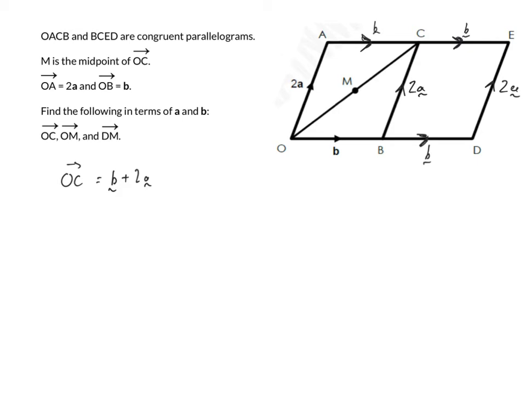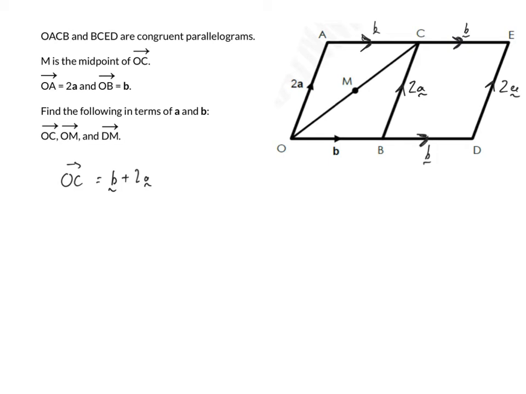My alternative way of doing that is to go up this way, which would be 2A, and then go along here, which would be B. Now, the order we add things in doesn't matter, so both of these answers are the same.